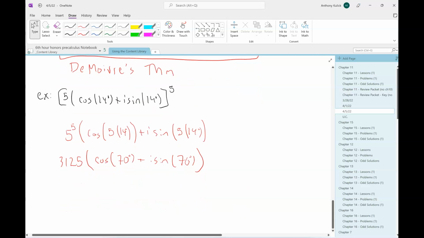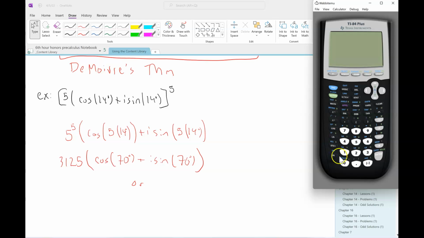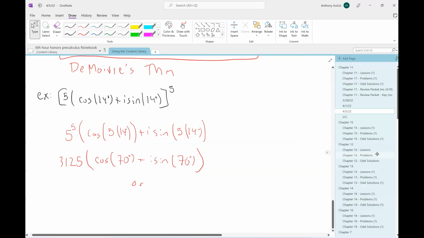So that's our trigonometric form, or if you were so inclined, depending on the direction, if they wanted standard form out of this, just make sure your calculator's in degree mode. 3125 times cosine 70, and then same thing, sine 70, so I have 1068.81 plus 2936.54i.